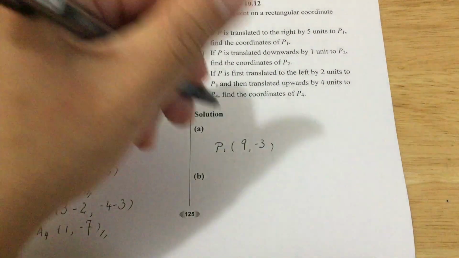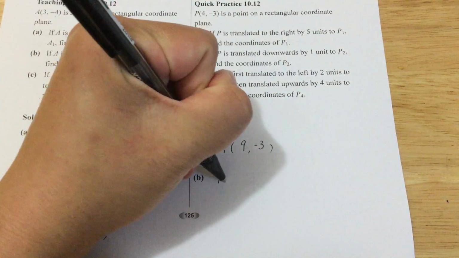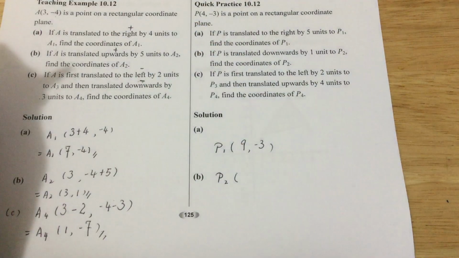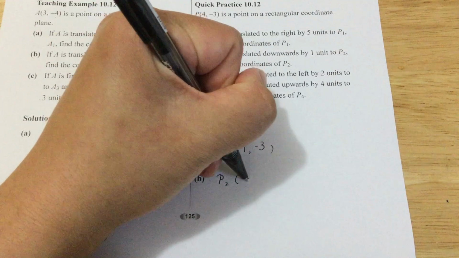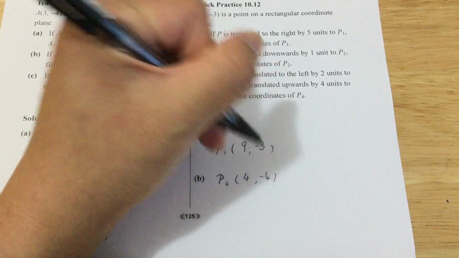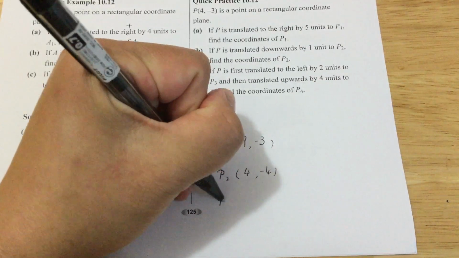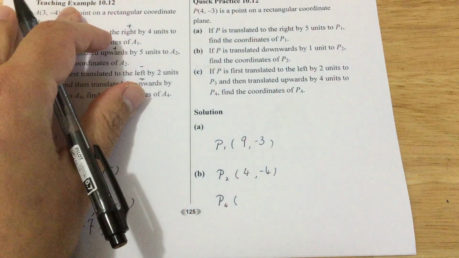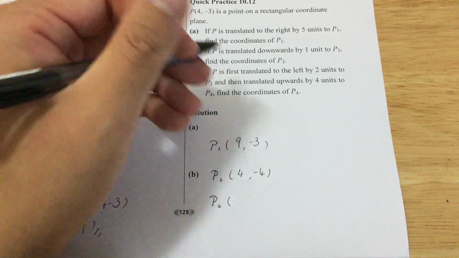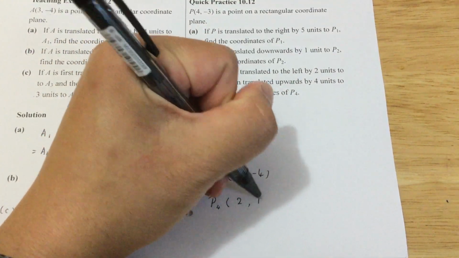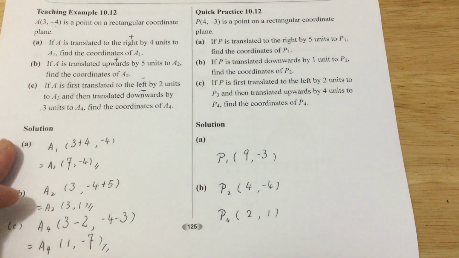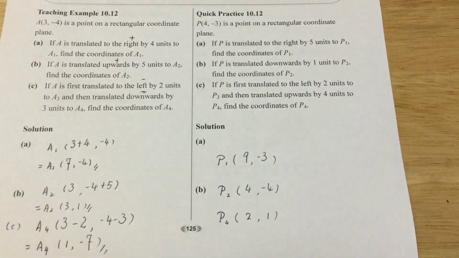For P2, the answer is 4, negative 4. For P4, the answer is 2, 1. Okay, that is the answer for these 3 questions.